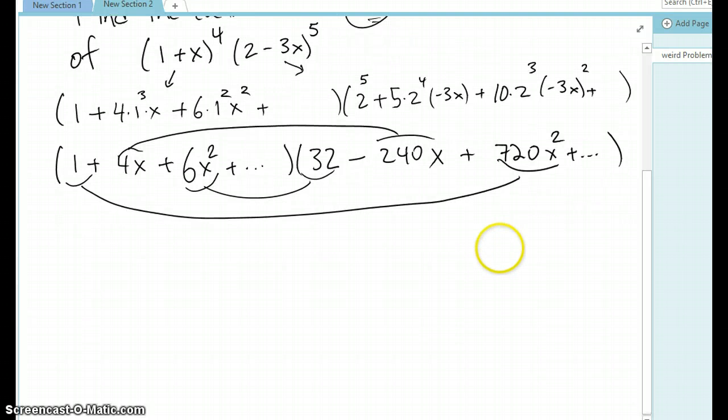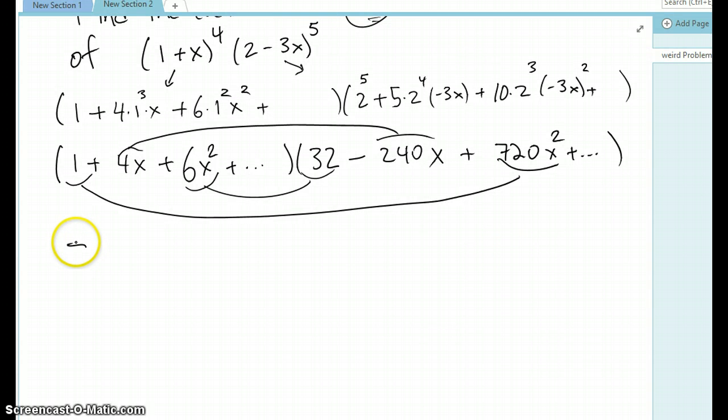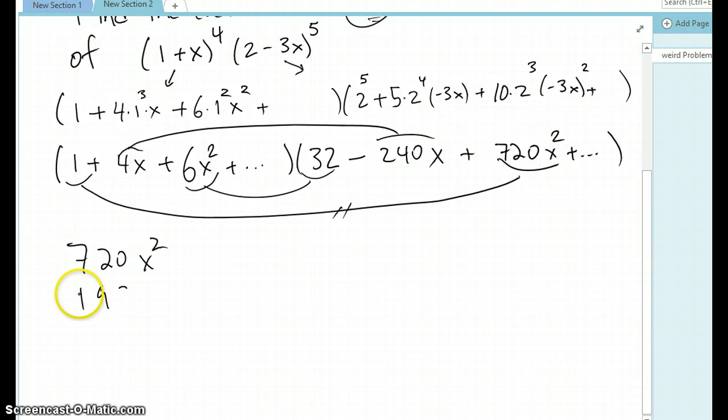So if I were to add these all up, I would have 720x squared from that first piece, this one. And then I would have 6 times 32, which is 192x squared. Yeah, 6 times 32, 1 times 720. And then the last piece is the 4x and the negative 240x.